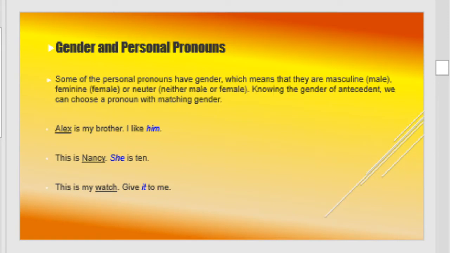Some of the personal pronouns have gender, which means that they are masculine, meaning male, feminine, meaning female, or neuter. Neuter means it's not male or female, or you don't know if it's male or female. No gender at all. That is neutral. Knowing the gender of the antecedent, we can choose a pronoun with matching gender.